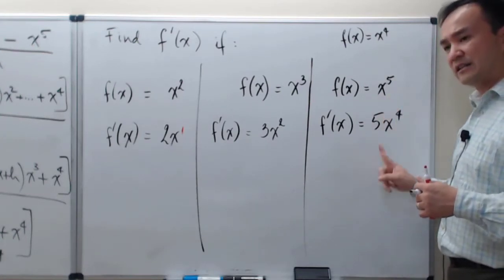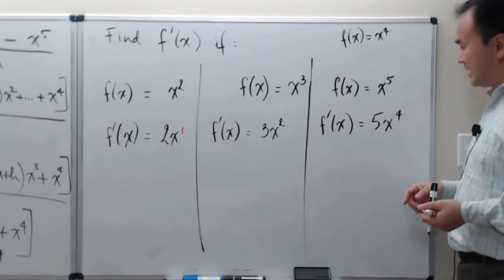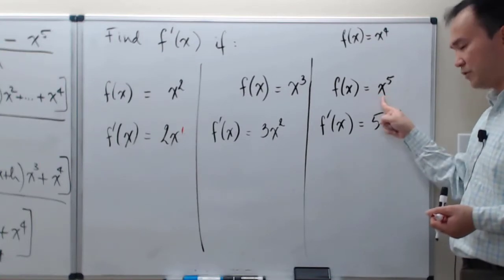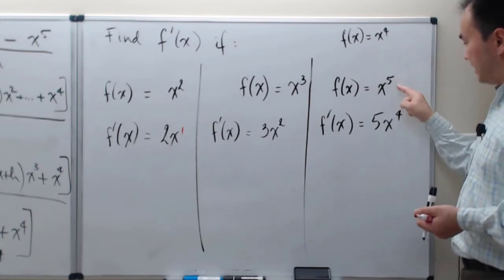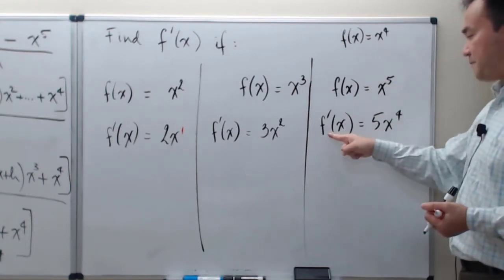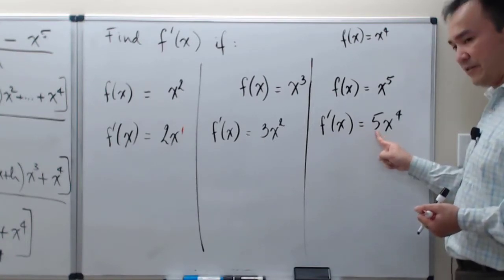Let's check that again in the third column, to see if it agrees. So x to the fifth is a power function in the sense that your input variable is being raised to a power of 5. Look at the derivative we have found: f prime of x equals, now we have a coefficient 5 in front.